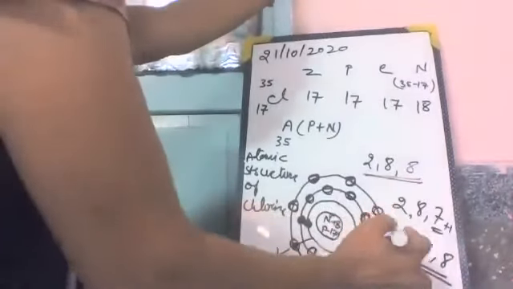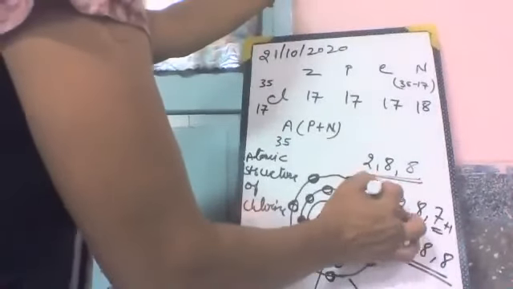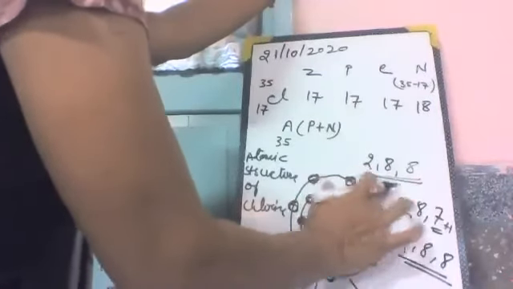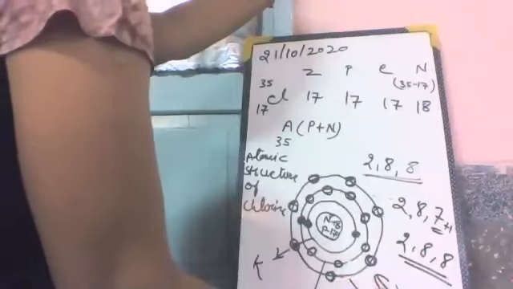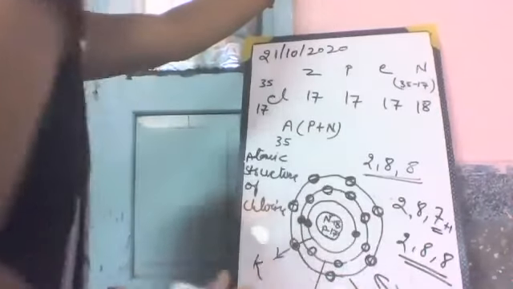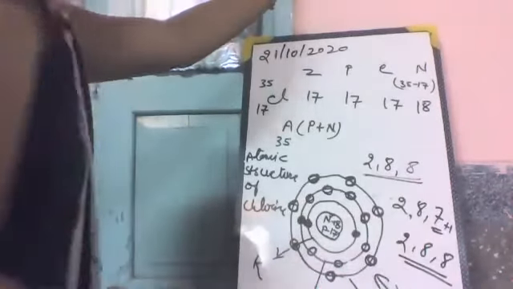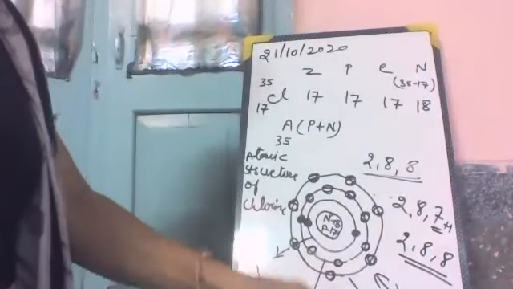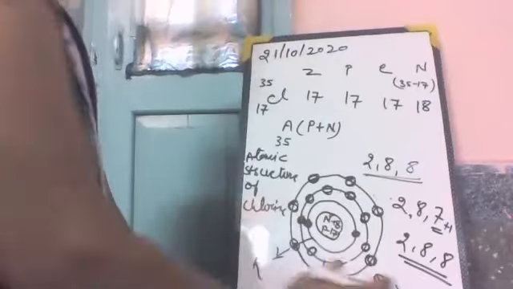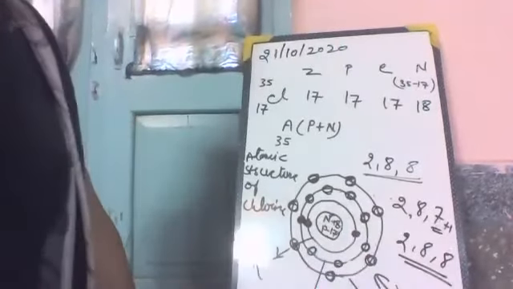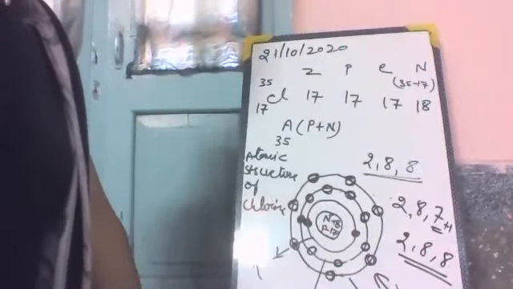So it can take one electron, and due to this, the gain or loss of electrons is known as valency. This is the valency of chlorine.